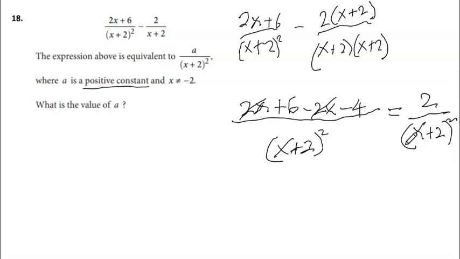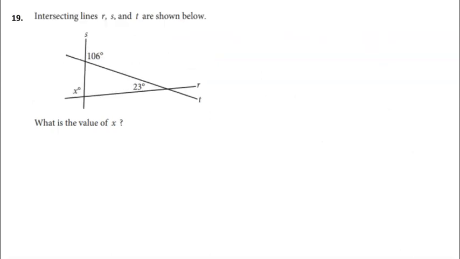And this, they say, is equivalent to or equal to this, right? So what is our a? A is equal to 2. All right. Let's go to question number 19.